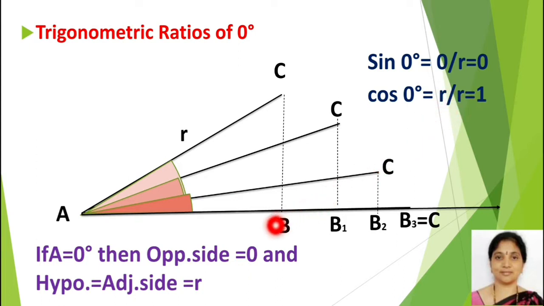Here adjacent and hypotenuse both are equal to R, so we get R by R, which is equal to 1. And tan 0 degrees is opposite by adjacent. Opposite value is 0 by adjacent R, so we get 0.